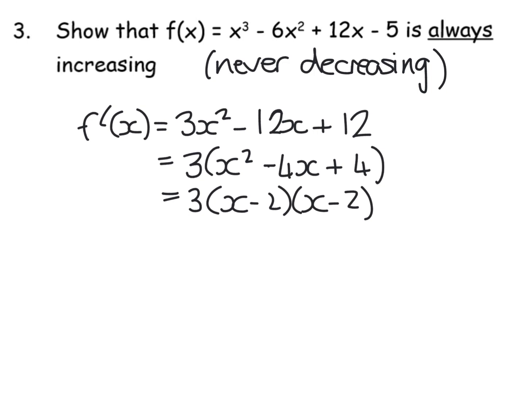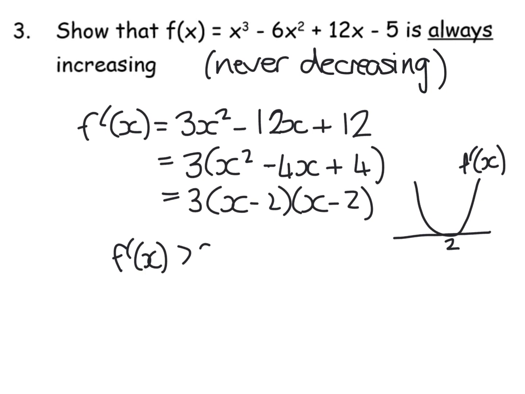And because I've got a repeated root, it means I've got one point of contact. If I was to draw this a bit like the quadratic inequalities, I would have a smiley face with a root at 2. And remember, this is your graph of f dash x. Now, that graph is never below. It's never negative. So what we can say is that f dash x is greater than 0 for all values of x.